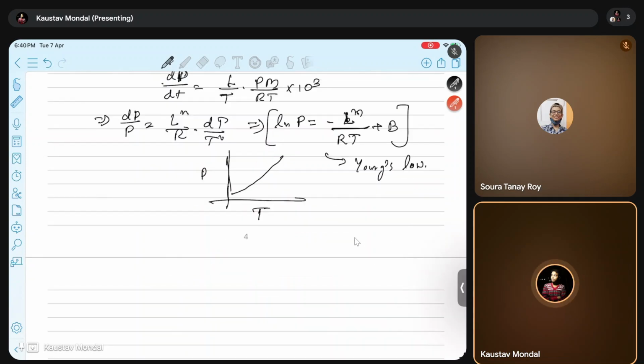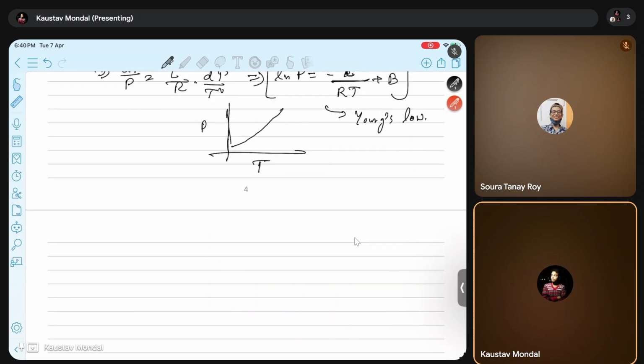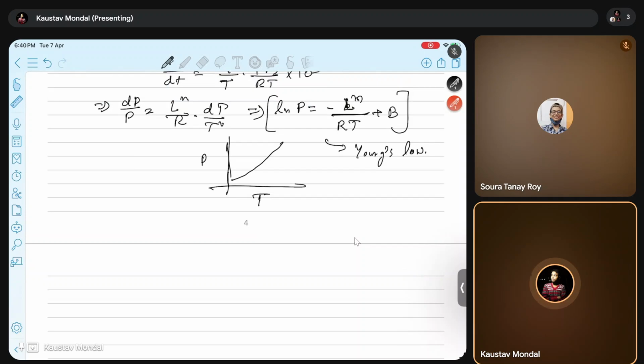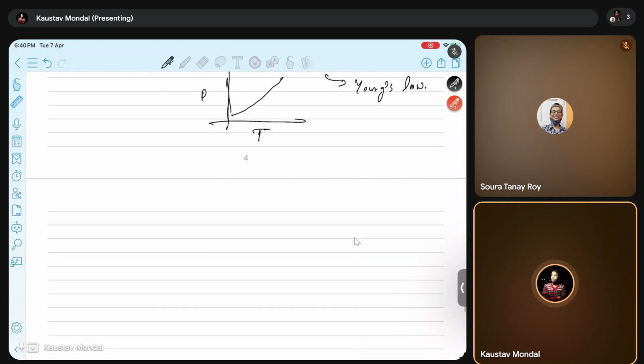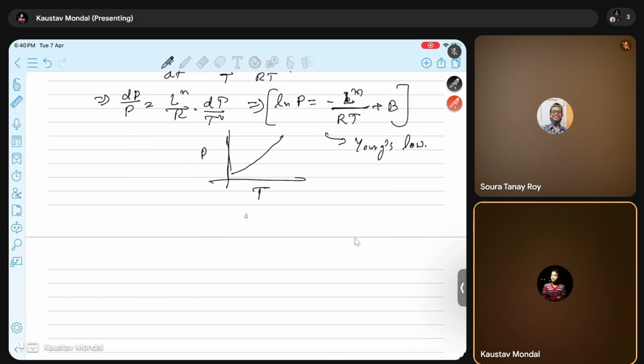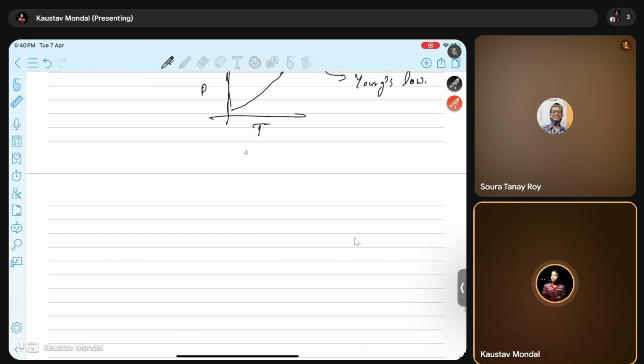There is also another form. There you have to consider the specific heat as a function of temperature. If you plot the specific heat as a function of temperature, it has been found experimentally that it follows a linear relation of A plus BT.